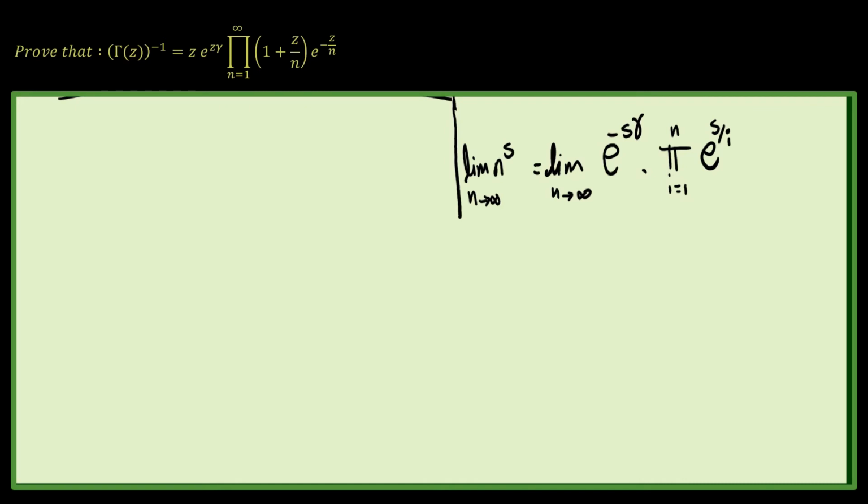Now, as we can see here, this limit depends on n, so it will just affect this product. So substituting in this product will give us e raised to minus small gamma s times the product from i equals 1 to infinity of e raised to s over i, okay?